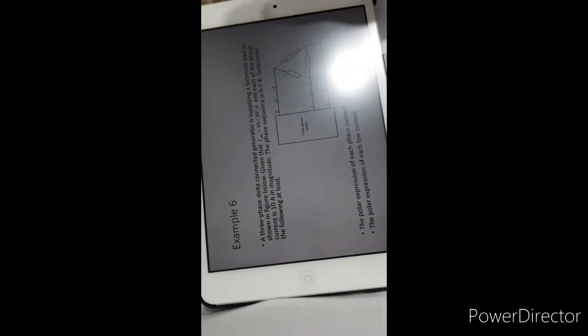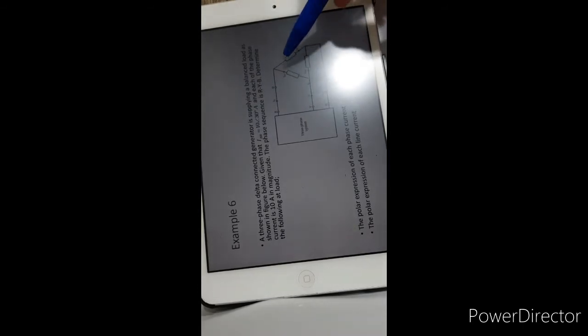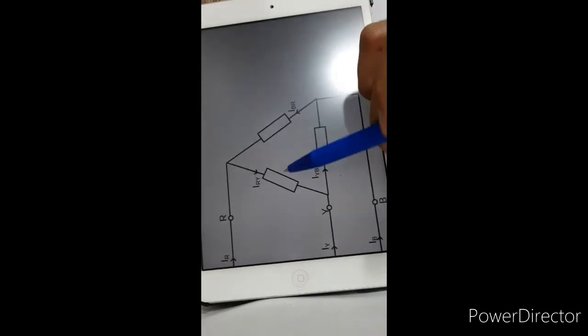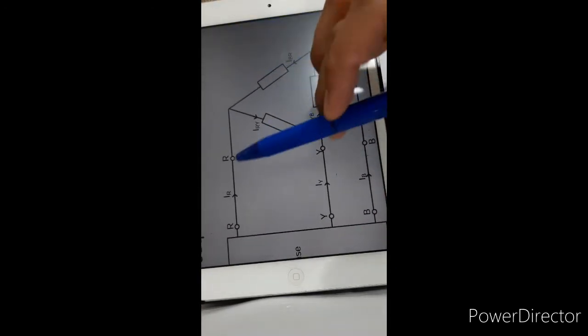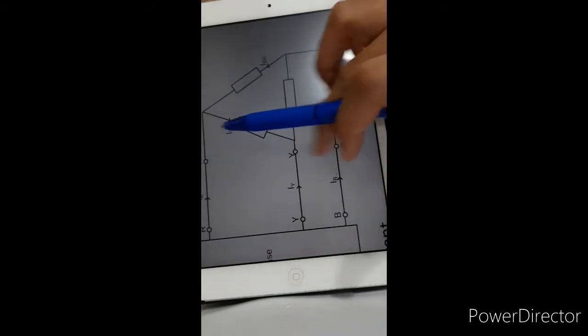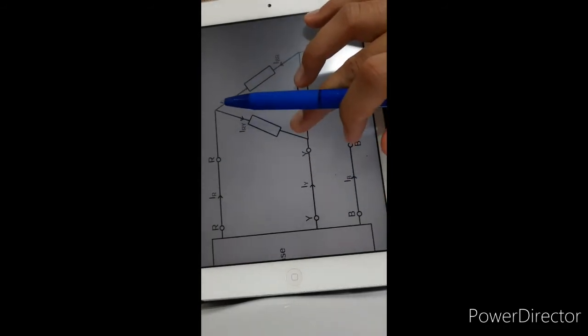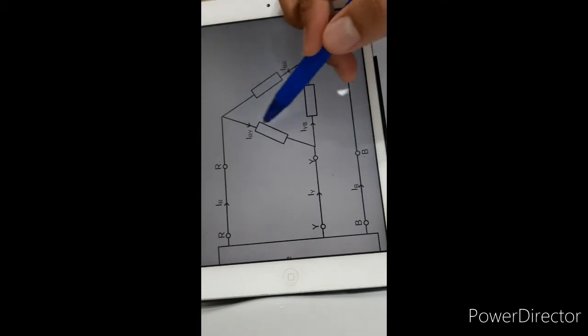So this is I phase. If we refer to this diagram, the I phase currents are IRY, IBR and IYB, and then the line currents are IR, IY and IB. Why do we call this IRY?